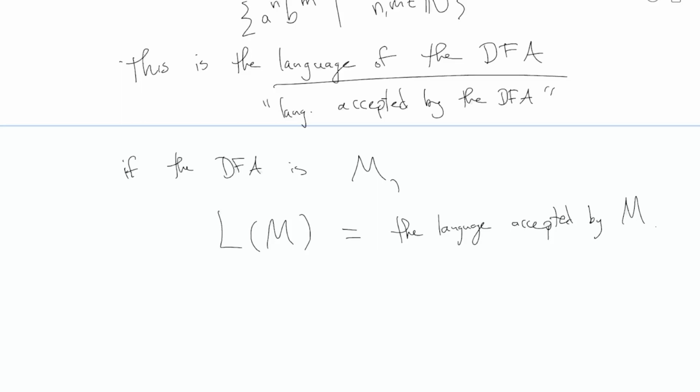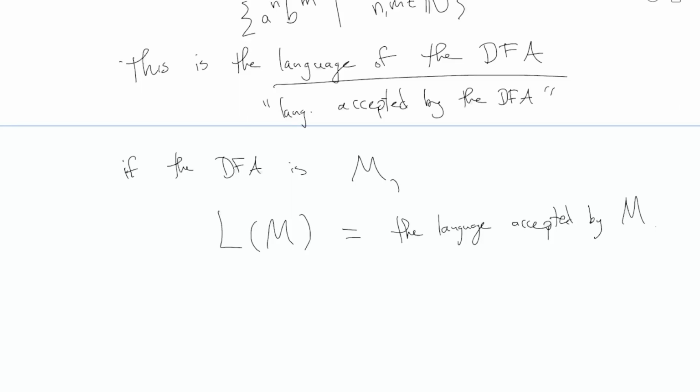One of the major questions that I was trying to encourage us to think about before was what kinds of things can you do with the DFA? The DFA can decide whether something is even or odd. It can apparently decide if a binary number is divisible by 3. But it can't decide everything.